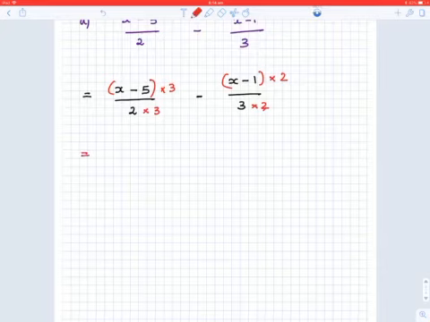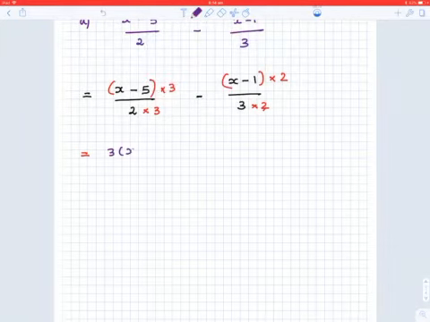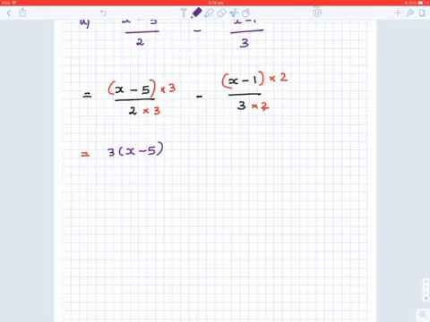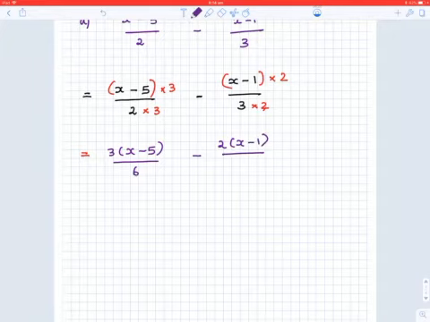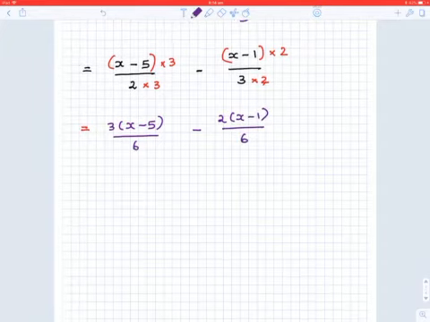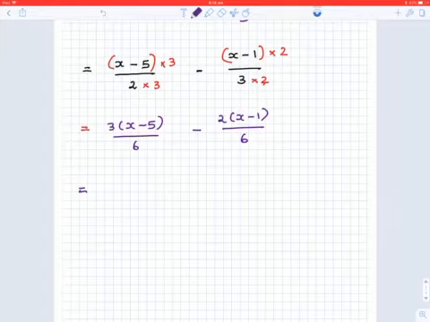The usual thing is we put the number in the front. So I'm going to write it like this: 3 bracket x minus 5 over 6 take away 2 bracket x minus 1 over 6.